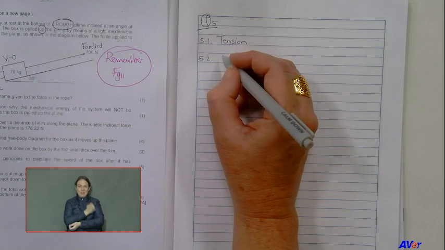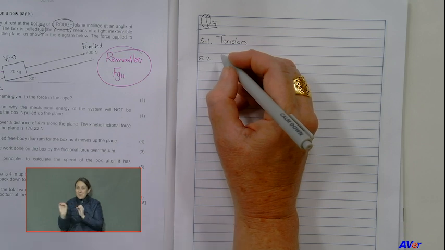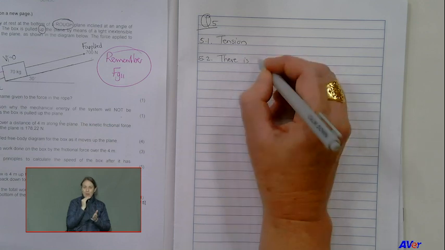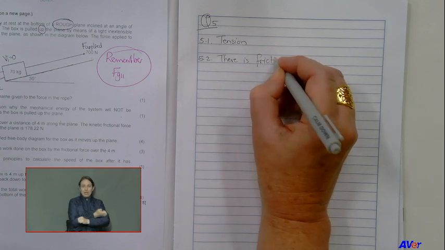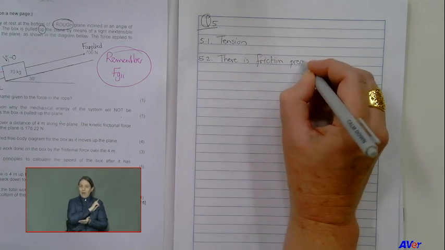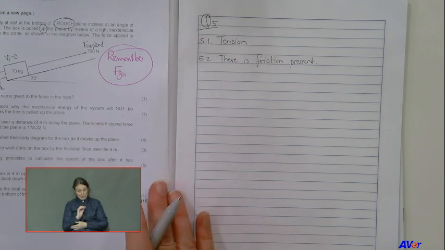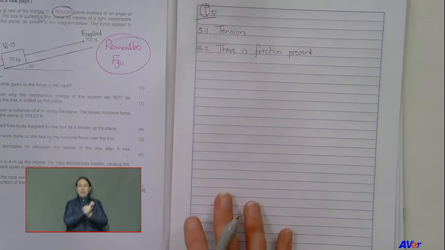So mechanical energy is only conserved in the absence of friction. But now they say it's a rough plane, so we're going to say there is friction present. So that's very important, there's friction.